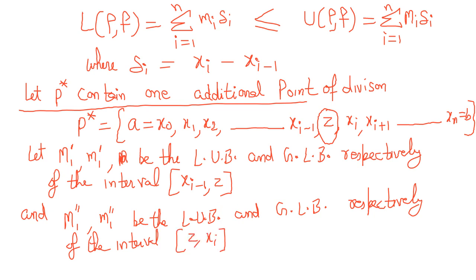These are the two additional subintervals we are considering, and here we are identifying m1 dash and M1 dash, LUB and GLB, and M1 double dash and m1 double dash, LUB and GLB respectively. Should I read it now?